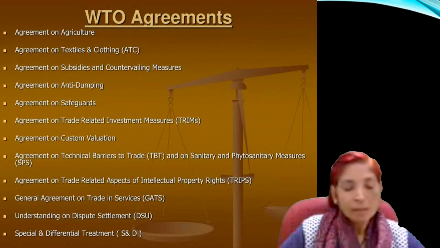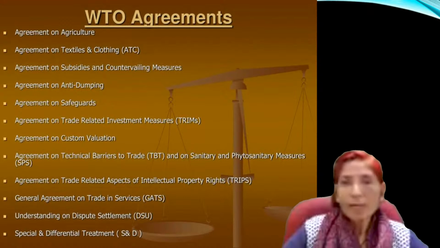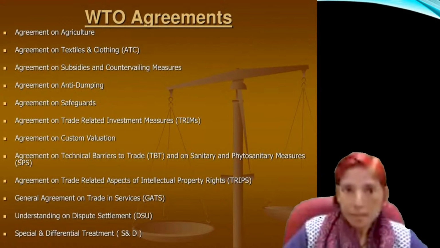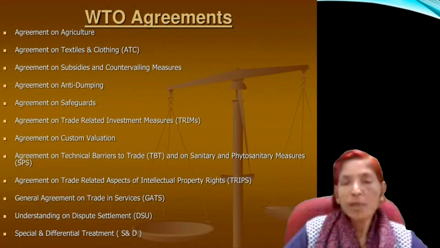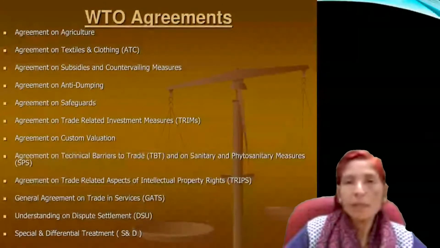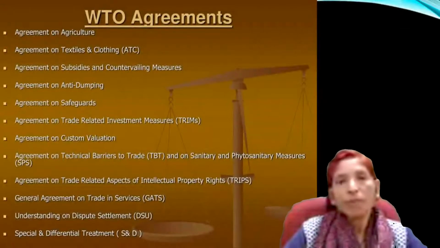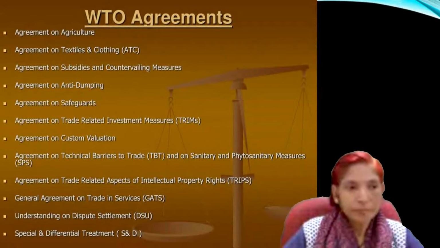If goods are produced in our country, then we must get these goods at a lower price. But if producers are charging a higher price from their domestic people and selling their product in the world market at a lower price, that is dumping. So WTO made this agreement on anti-dumping to restrict this system.